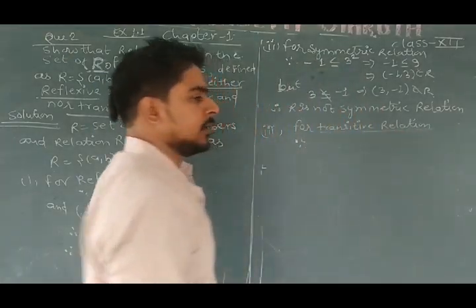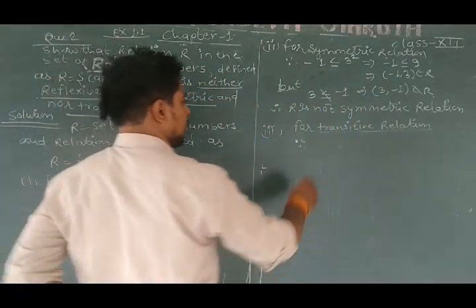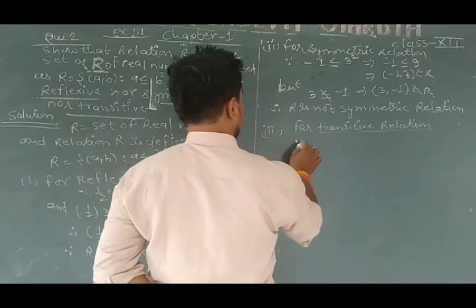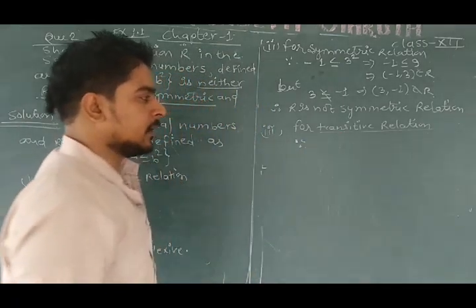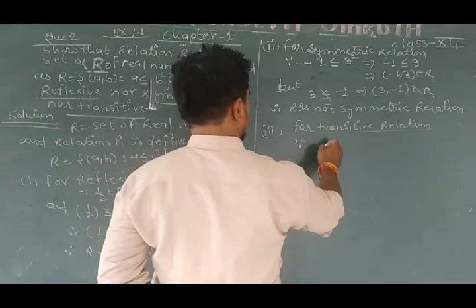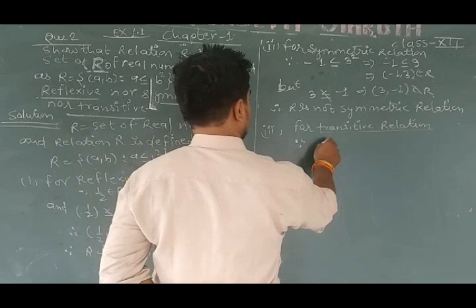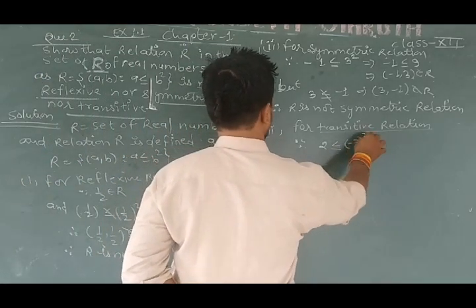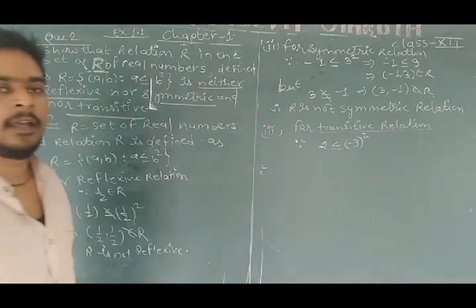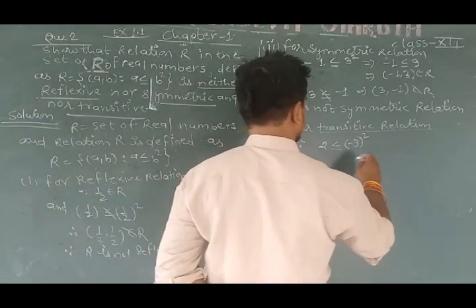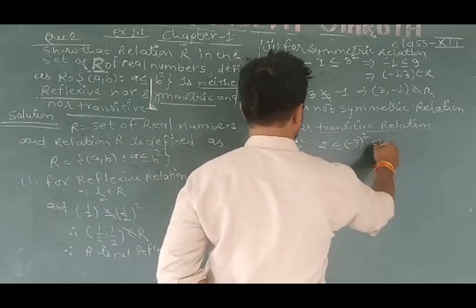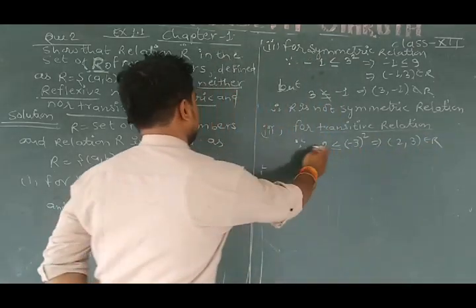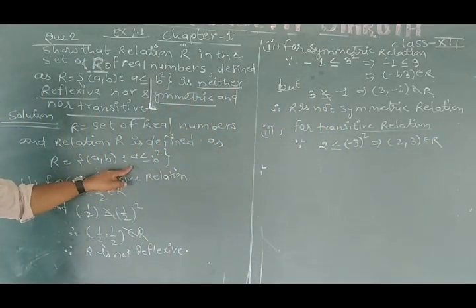I am taking the elements such that 2 is less than or equal to square of 3. It is clear that 2 is less than 9, the square of 3. Thus 2 and 3 belong to R, because both elements hold the property of the relation.